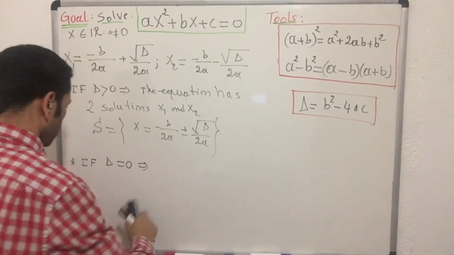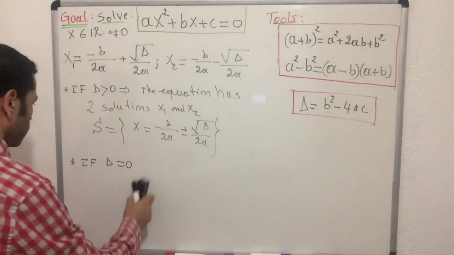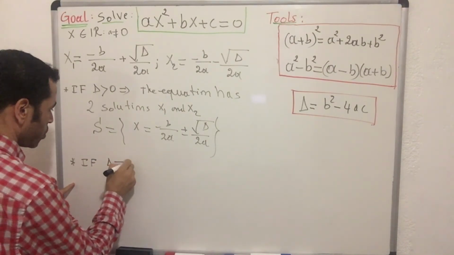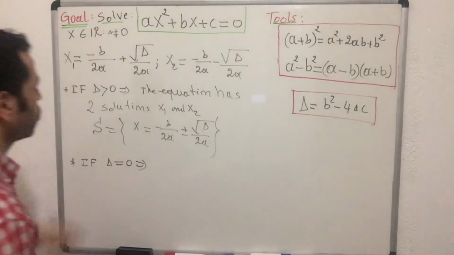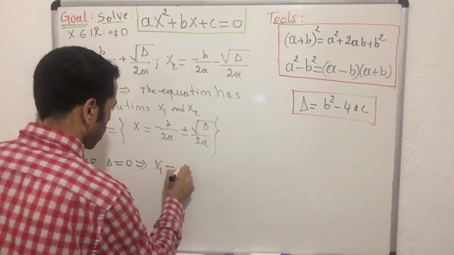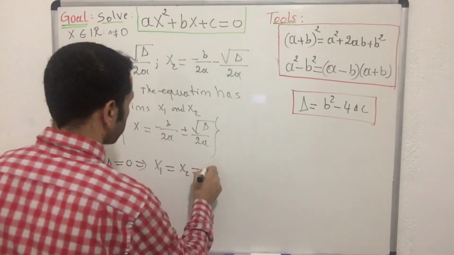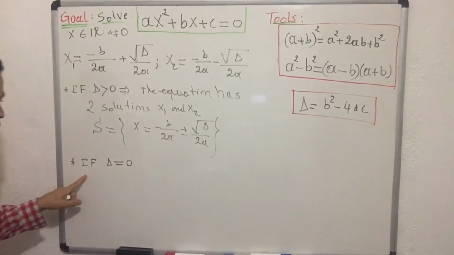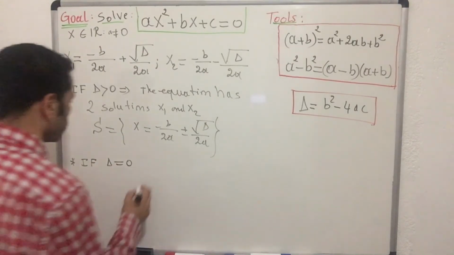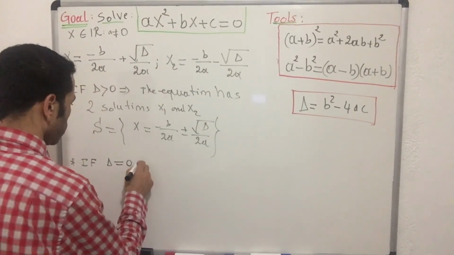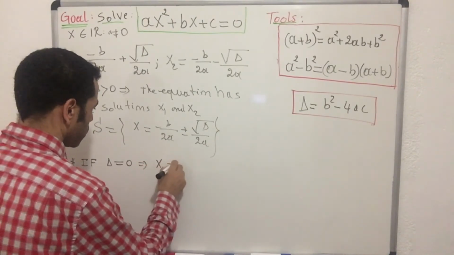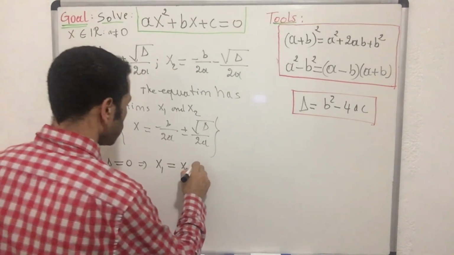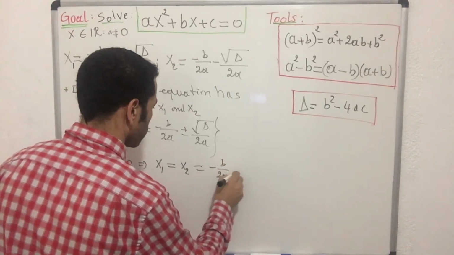So the second case, if delta equals 0, that means the equation has only one solution, so x1 equals x2 equals minus b over 2a, okay?